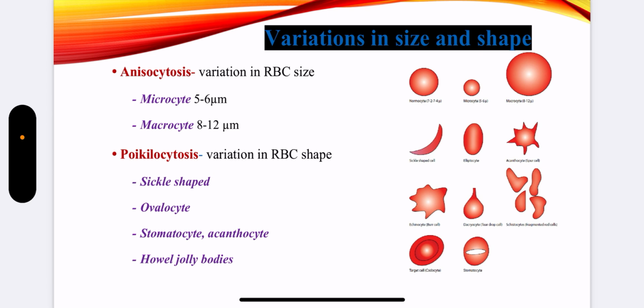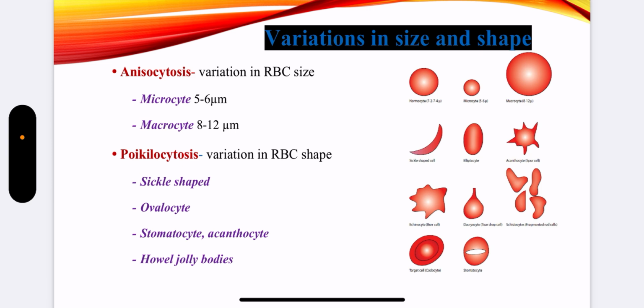Another term is poikilocytosis, in which there is variation in the shape of these cells. Normally, the shape of RBC is biconcave. In sickle cell anemia, they become sickle shaped. In hereditary spherocytosis, they can become spherical in shape. In thalassemia, there is also a change in the shape of the RBC.